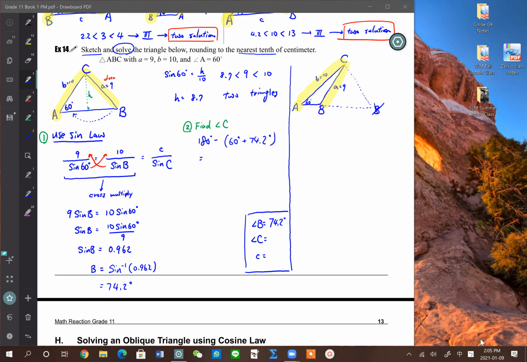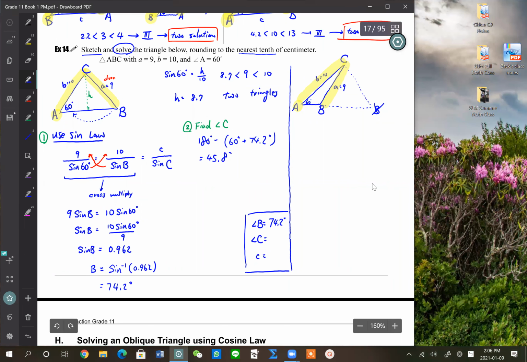All right, Harry, what do you have? Harry? 45.8. Okay, very good. 45.8. So we'll fill that in, 45.8 degrees.